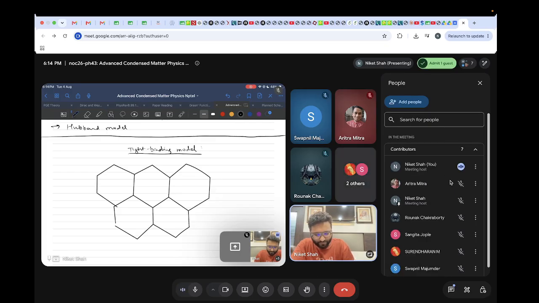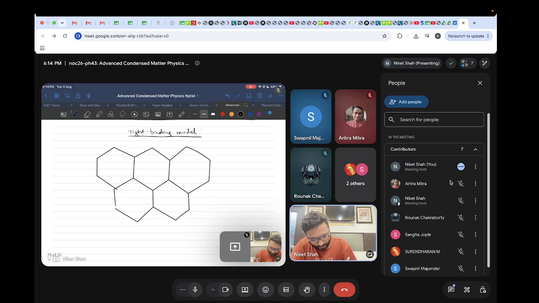Suppose we have a lattice like this. As I said last time, there are two kinds of atoms in this lattice. Let me mark one kind with red dots. All of these atoms are of the same kind, the ones I'm marking with red dots.